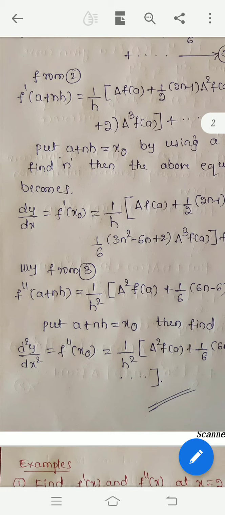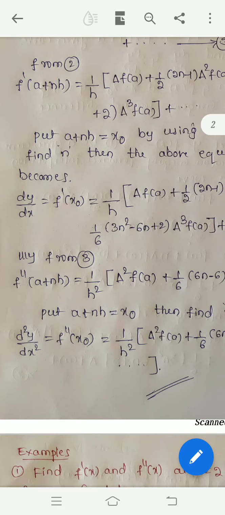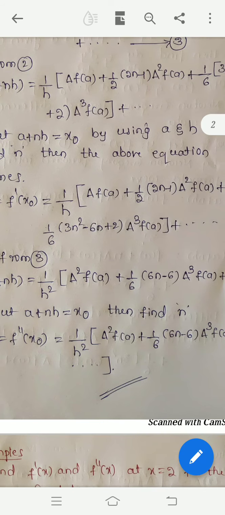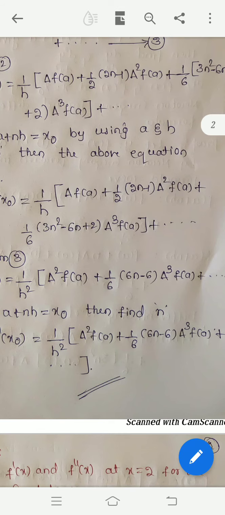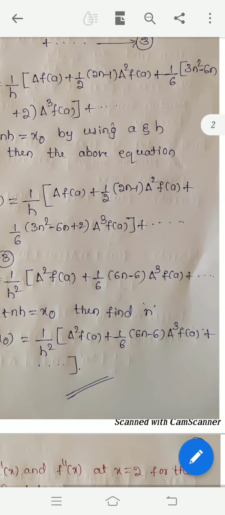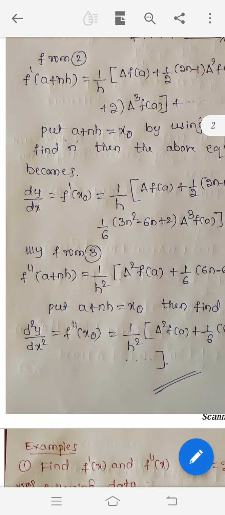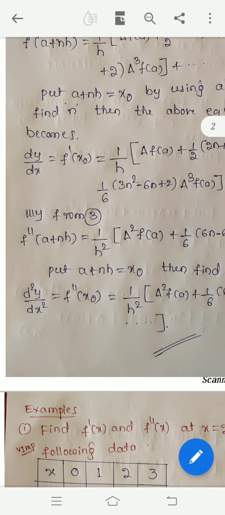The second order derivative can be written as d square y by dx square, that is equal to f double dash of x naught, that is equal to 1 divided by h square into delta square f of a plus 1 by 6 into 6n minus 6 into delta cube f of a plus and so on. So, by using these two formulas we calculate the first order and second order differentiation, that is f dash of x naught and f double dash of x naught values.